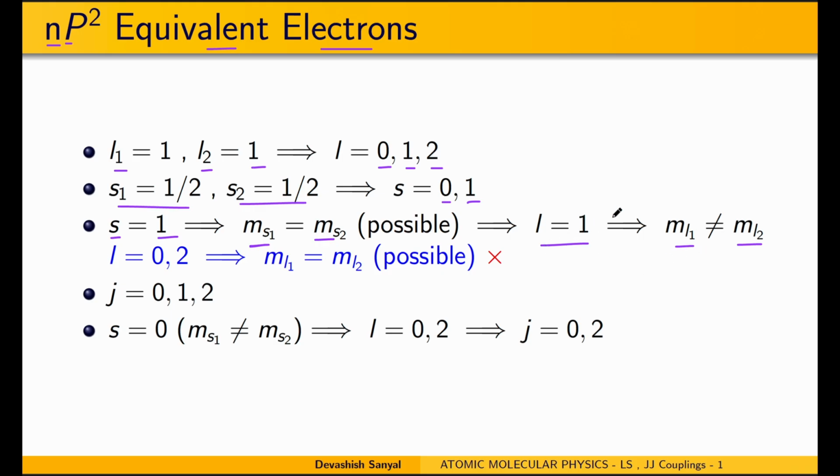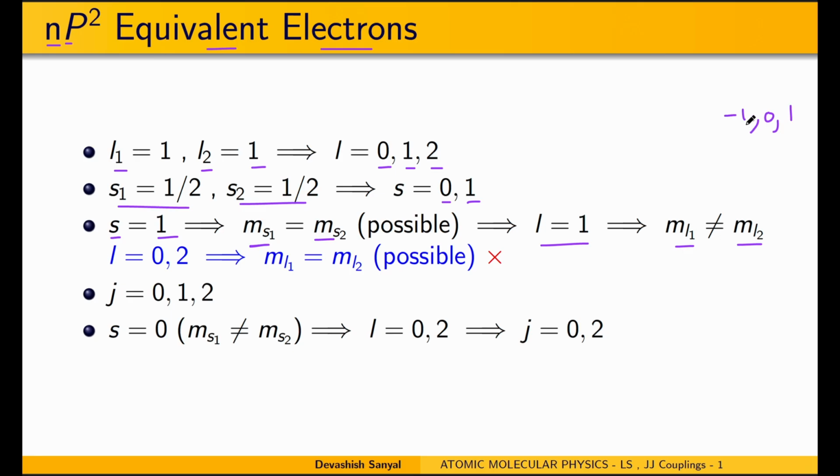Why? Because L is equal to 1 means the possible values of the z component will be minus 1, 0 and plus 1.